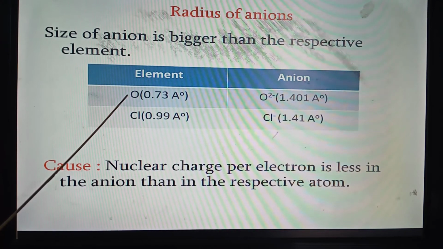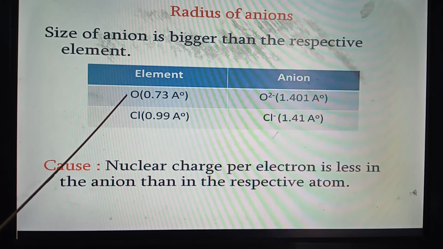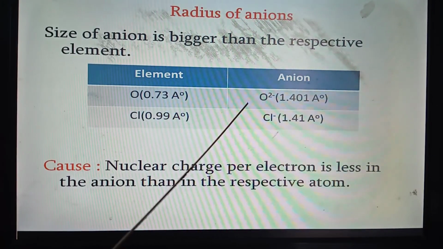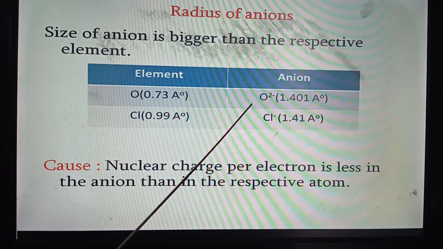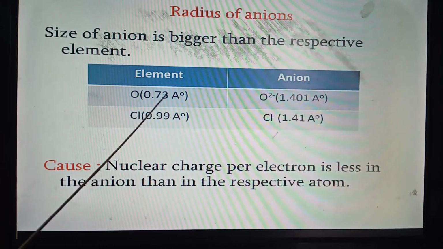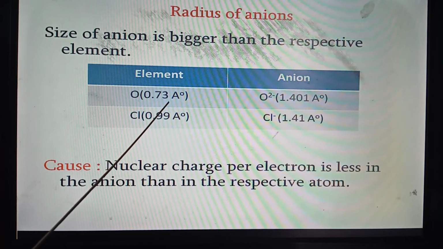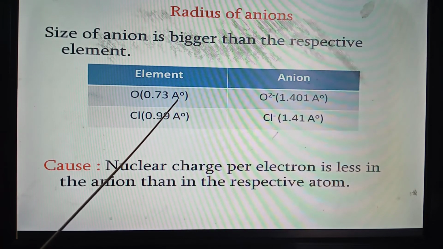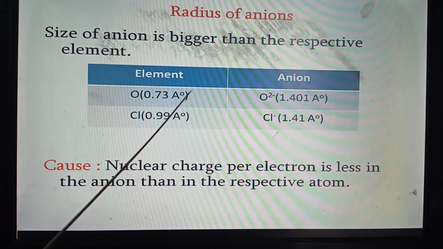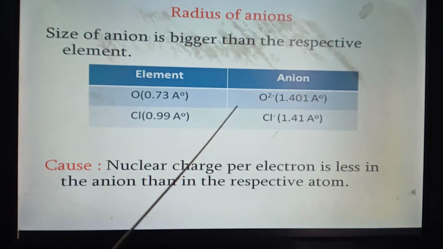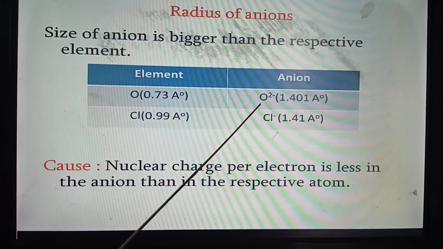For fulfilling the octet, it accepts 2 electrons and it becomes oxide ion. That is, the anion contains more number of electrons in the valence shell than the respective element.